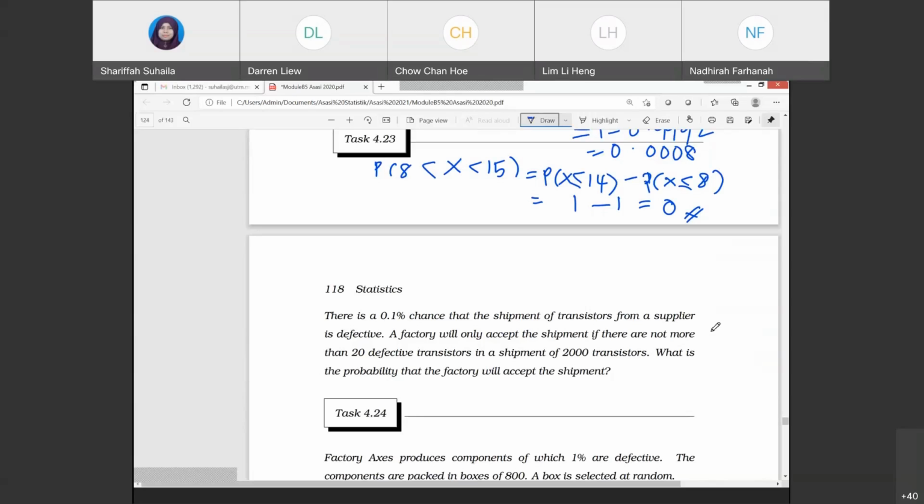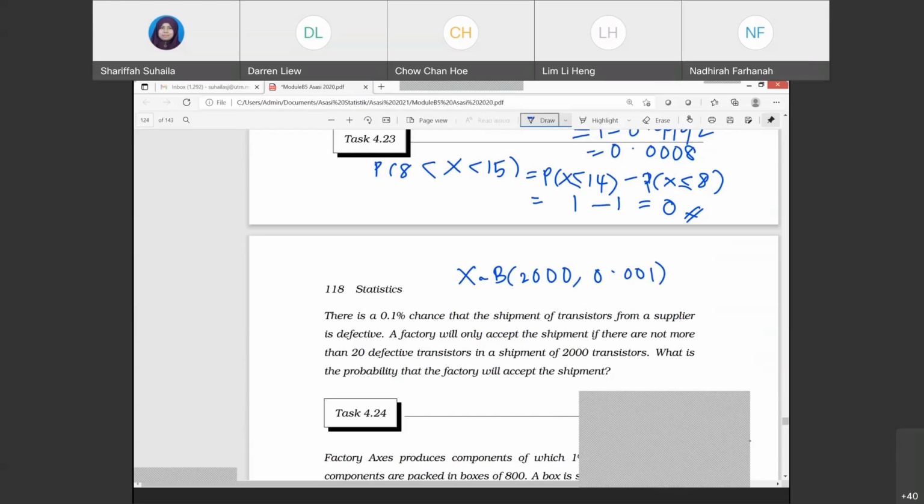Number of your trial ataupun number of your sample size. Okay, anyone? What is your N? Okay, N is your 2,000, good. Now you write in terms of binomial distribution. So that's mean you will have your X binomial distributed as 2,000, pi is 0.1%, so 0.001.